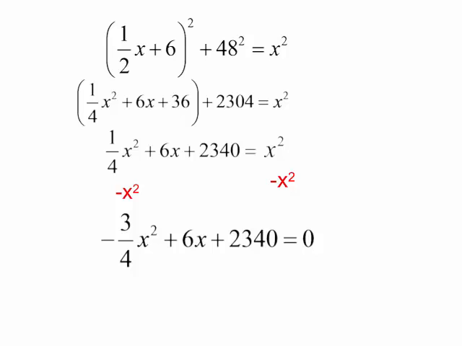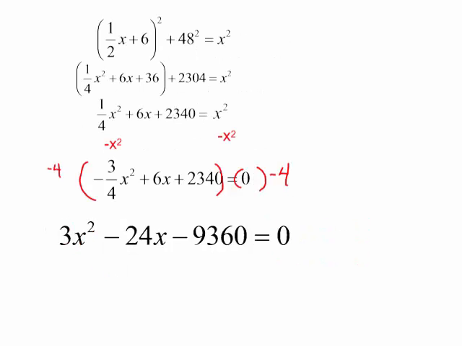This is a quadratic equation. Everything is on one side. But I am going to choose to get rid of this fraction and also to make my x squared coefficient positive. In order to get rid of this fraction and the negative, I'm going to multiply both sides by -4. We have now set up this quadratic equation.